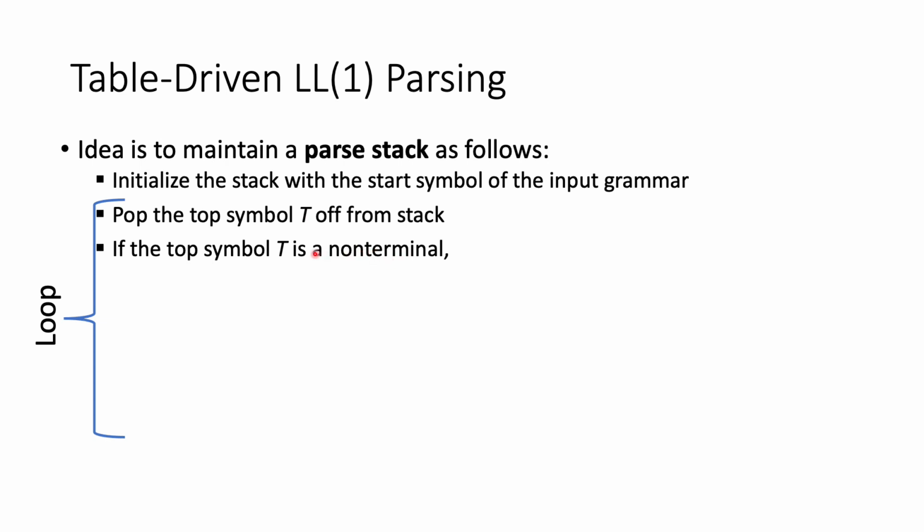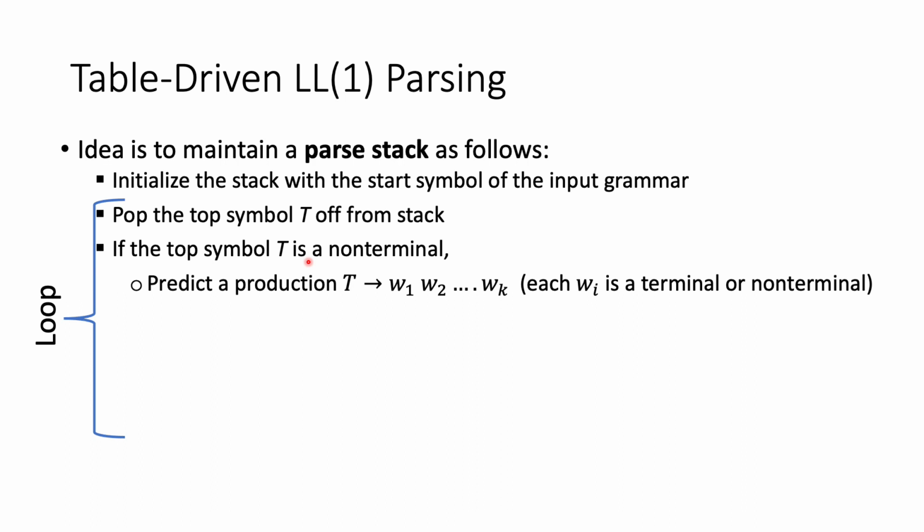If the top symbol T is a non-terminal, we predict a production whose left-hand side is T and whose right-hand side is a sequence of terminals and/or non-terminals. Then we push the symbols on the right-hand side of the predicted production onto the stack, but in reverse order.